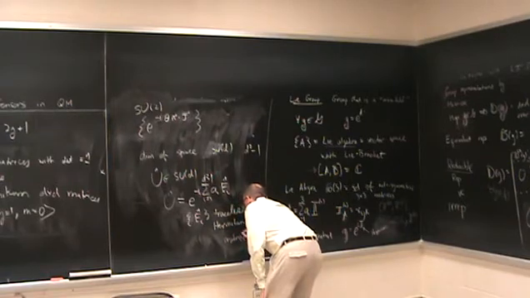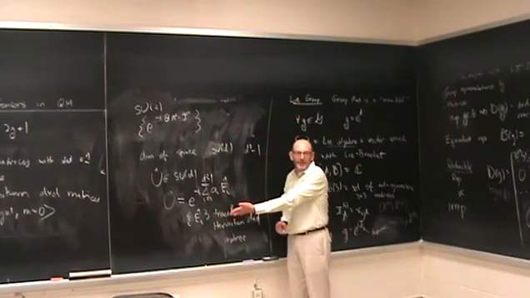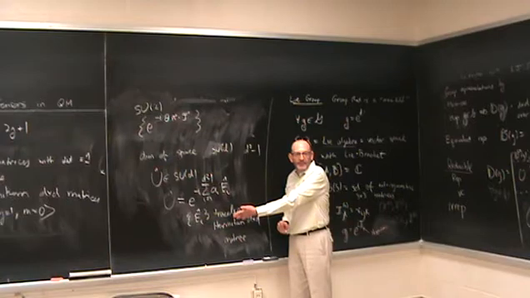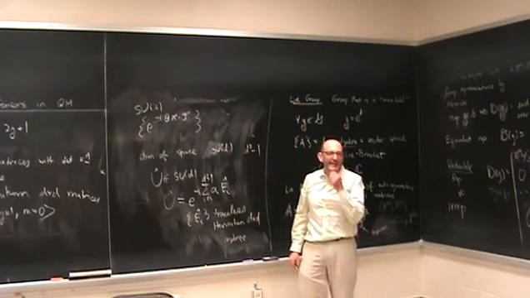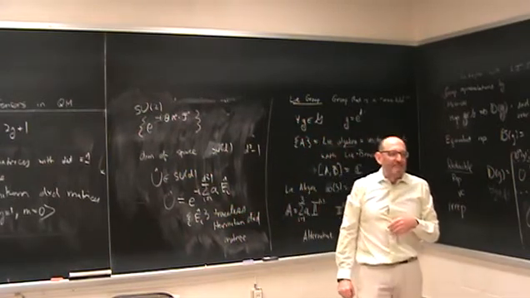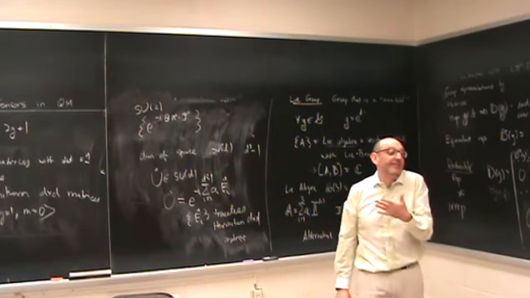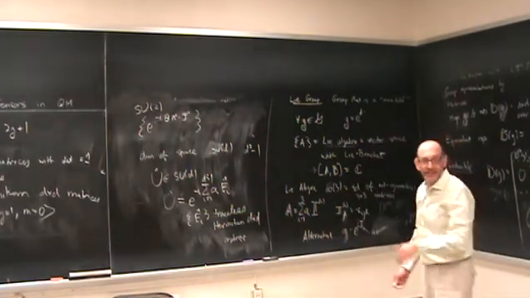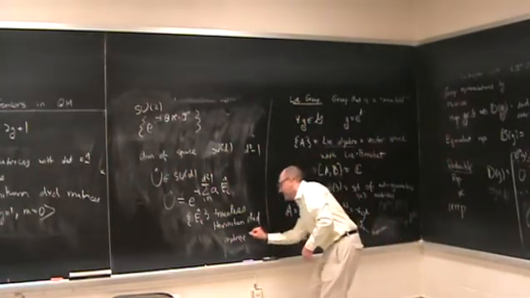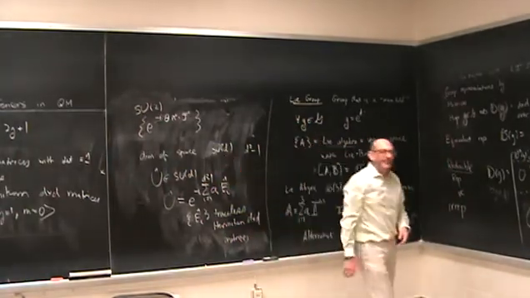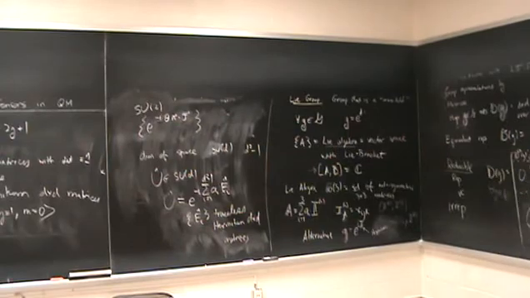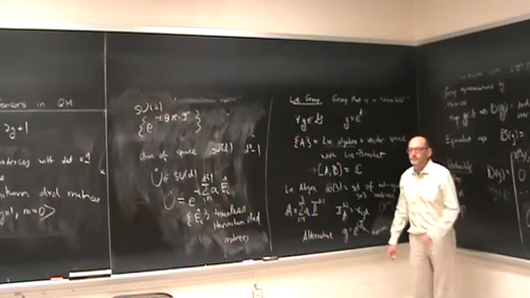For SU2, those are the Pauli matrices. For SU3, well, we don't know. But there are matrices. There's something called the Gell-Mann matrices. They are the generalization of the Pauli matrices as a basis of traceless Hermitian matrices.